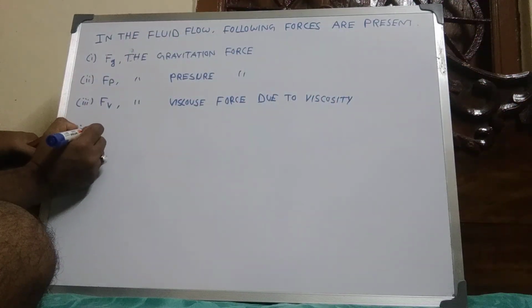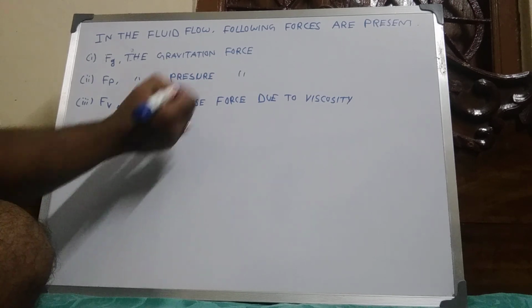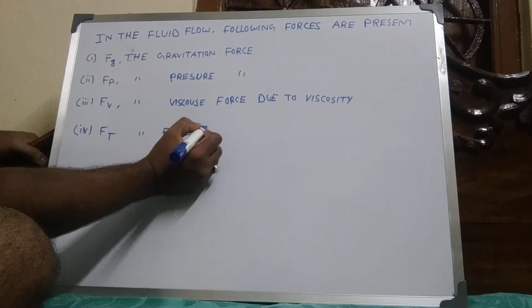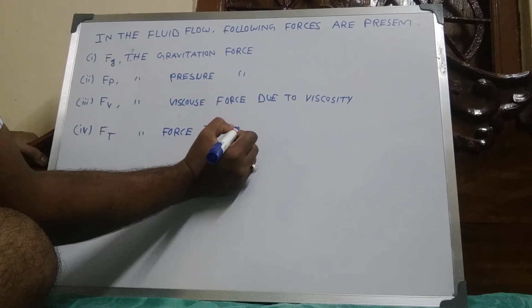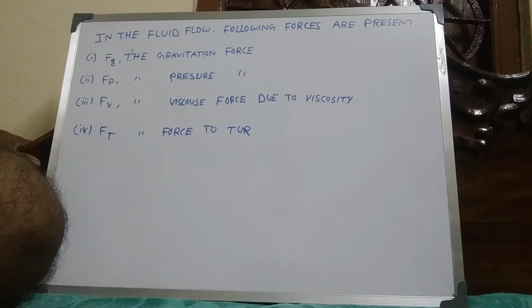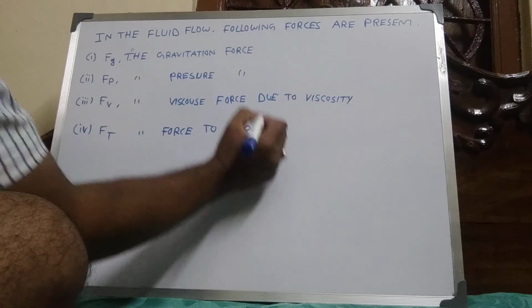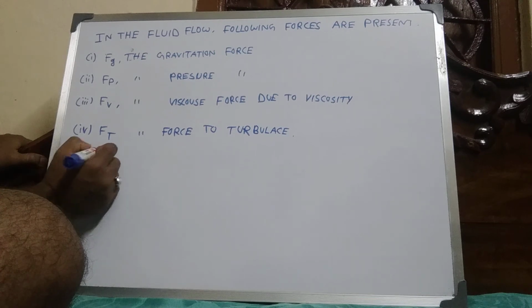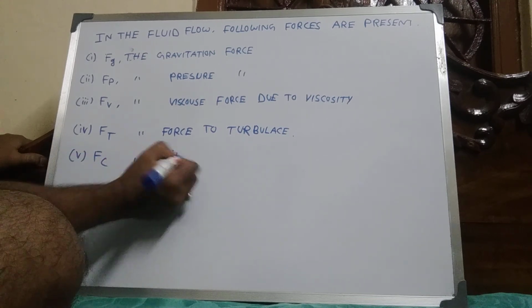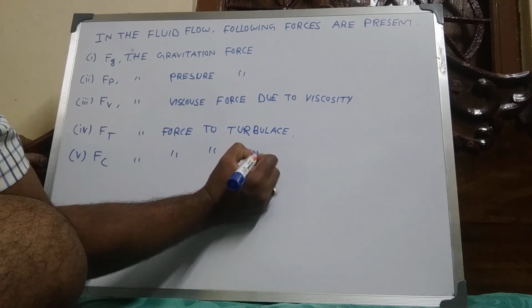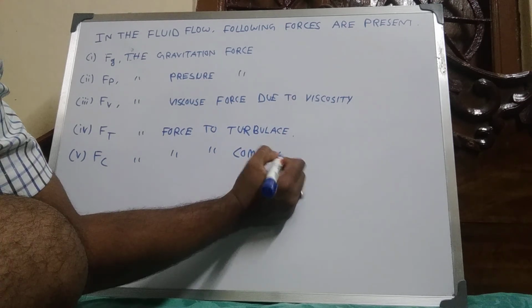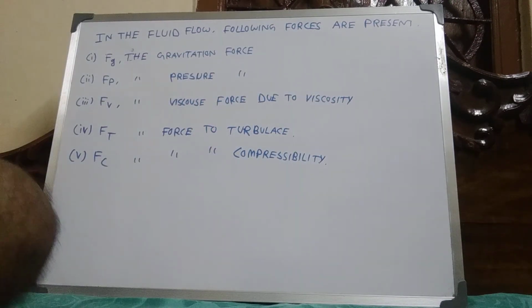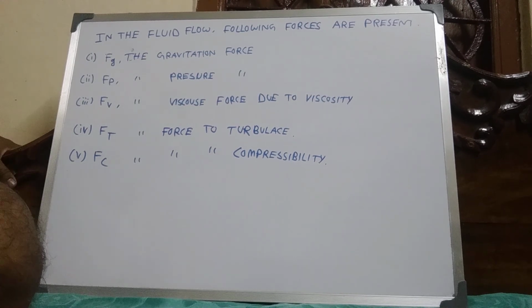Number 4, Ft, the force due to turbulence. Number 5, Fc, the force due to compressibility. Note this down.